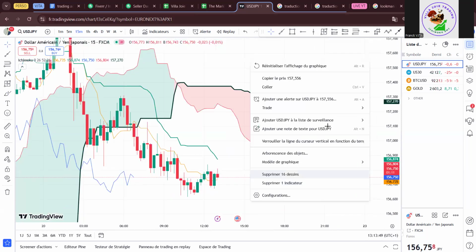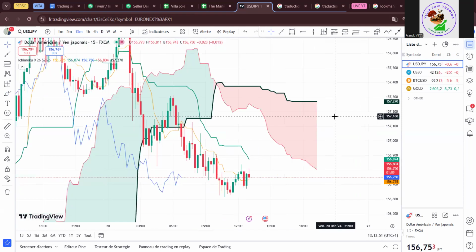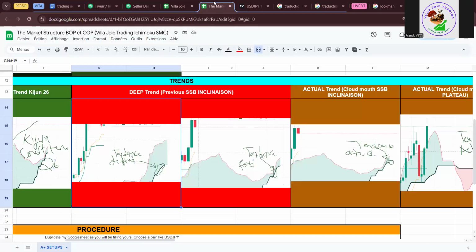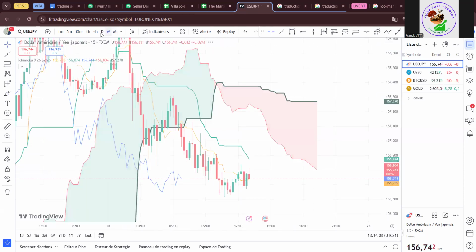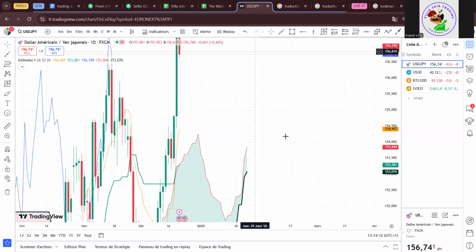So to just know the global market structure, the global market where the money is going. After that, you see, there are some deep trends where the mouth is not a plateau like this daily. The mouth is not a plateau.